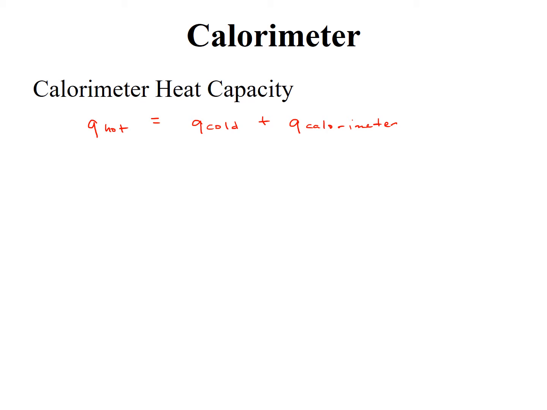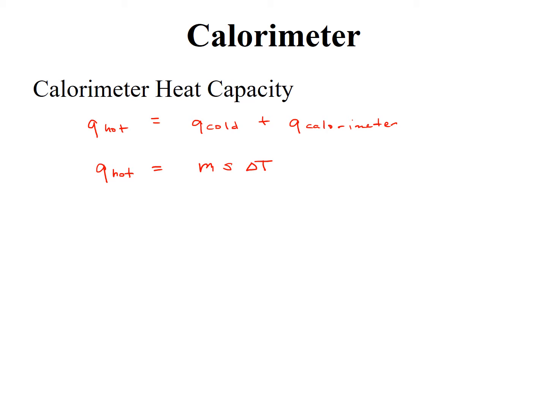If we break them down, the Q that was released by the hot water is just equal to the mass of the hot water times the specific heat of the hot water times the change in temperature. Okay? So what is the initial temperature of the hot water, and then what's the final temperature after it became cold?